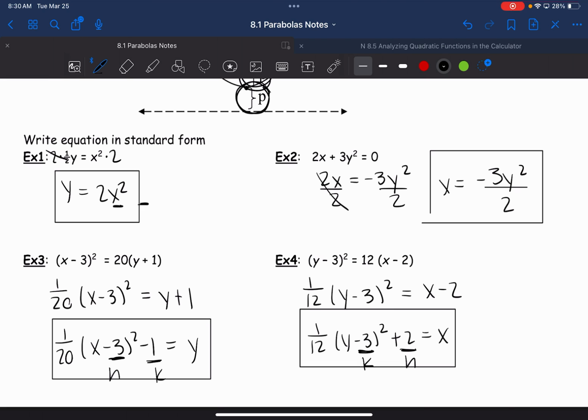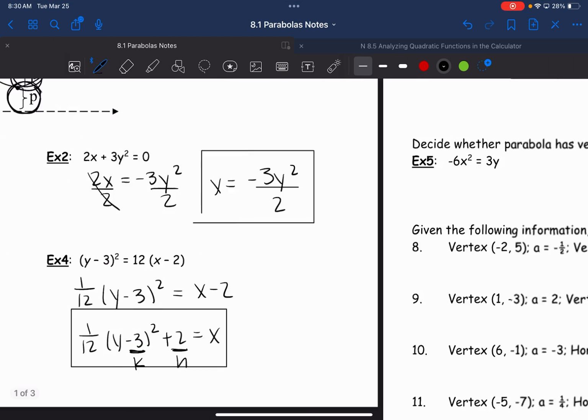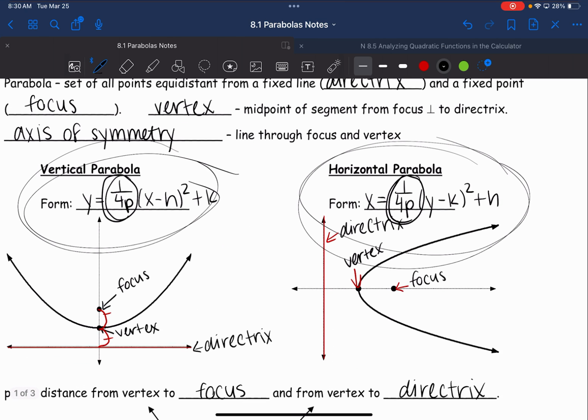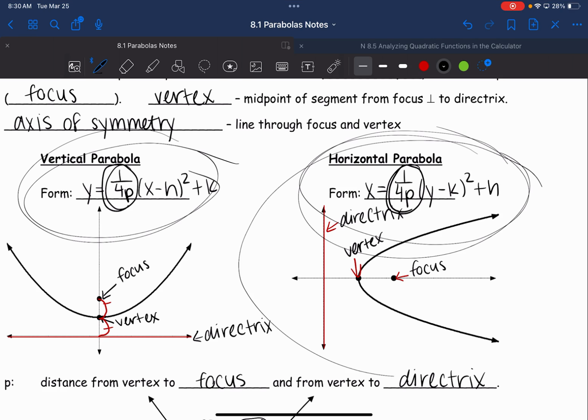Okay, on these first 3 examples, they just want us to identify that if we were to go ahead and actually solve for whichever particular variable that we need to, would we be discussing having a vertical or horizontal graph? So remember, if you look back on the front page, horizontal is when it looks like this and when we solved for x, right?